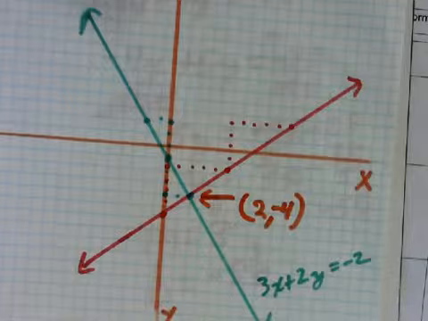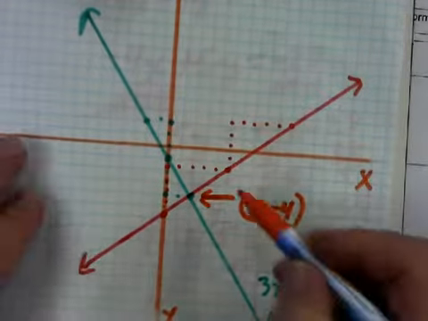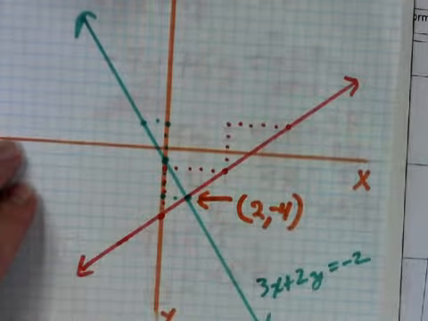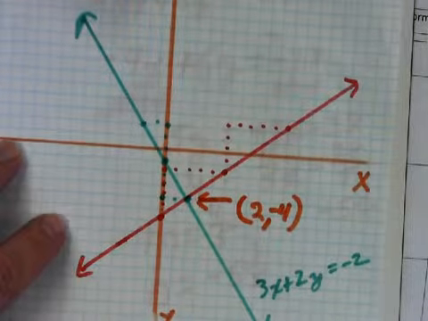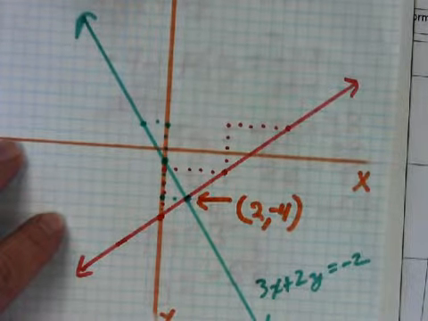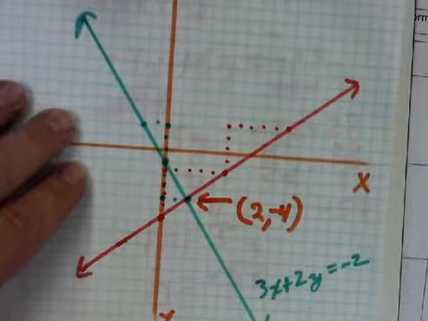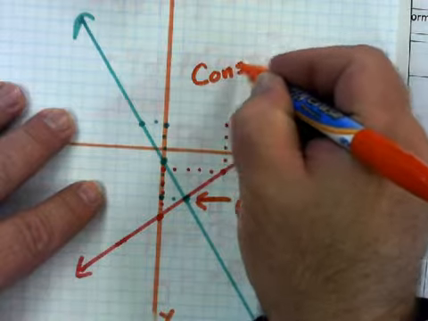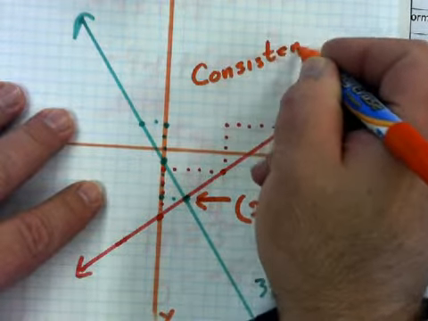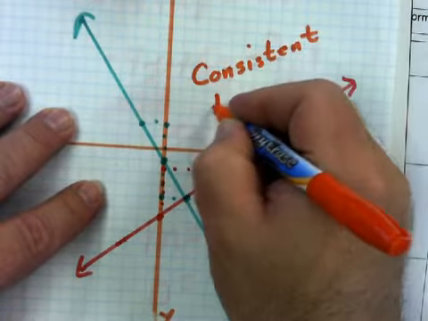If you have a graph that crosses just like this one does, and they'll only cross in one place, they won't cross in a dozen different places. If they cross each other once, they are called consistent and independent.